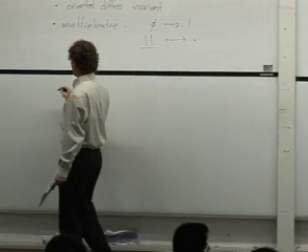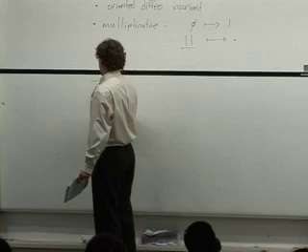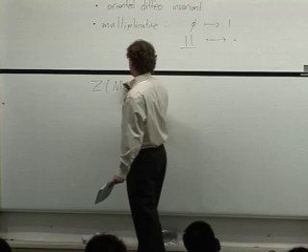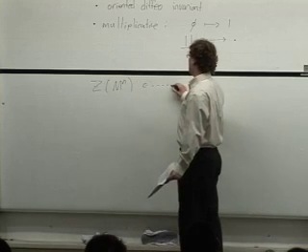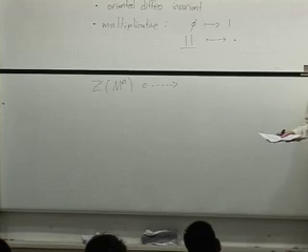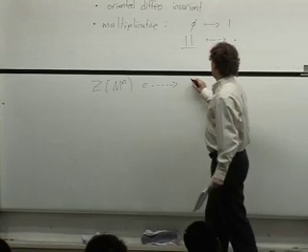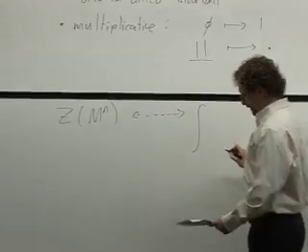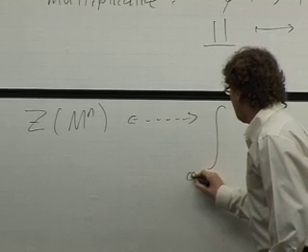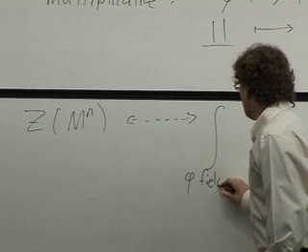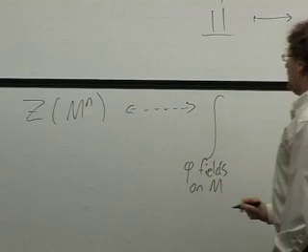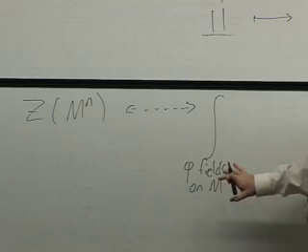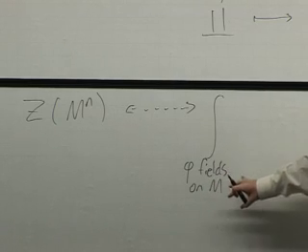And I'm not going to really try to explain the connections with physics, except to say that this number is supposed to capture some of the properties of path integrals in physics. So we should think of this as something that we write schematically in the following form. We look at an integral which lives over some space of fields on M. It will be a little more concrete later, but there's some space of things we call fields on M, which could be things like functions or sections of bundles or maps to some other target.